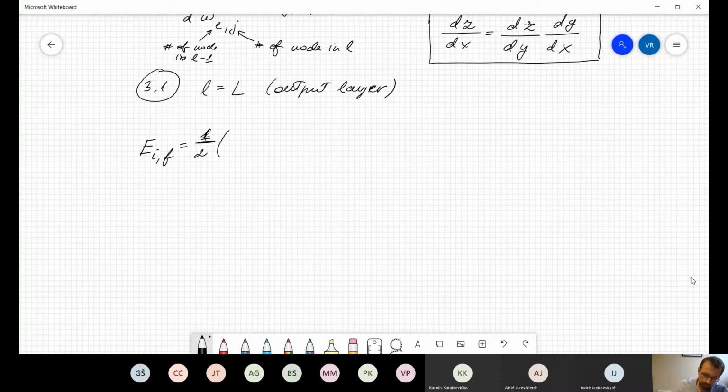Here we have yi, which is the true value that we're looking for, the target. Then we have the activation function on the final layer, and then we have the W of l, the final weights, right here.